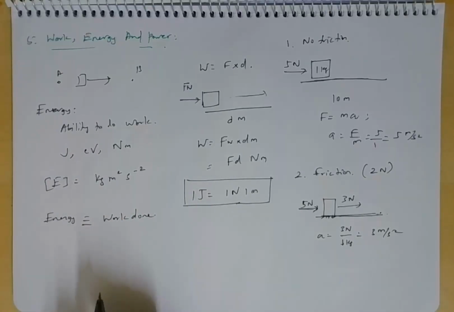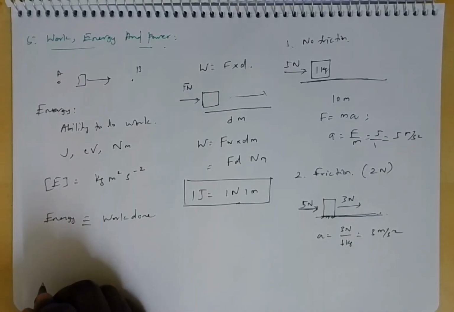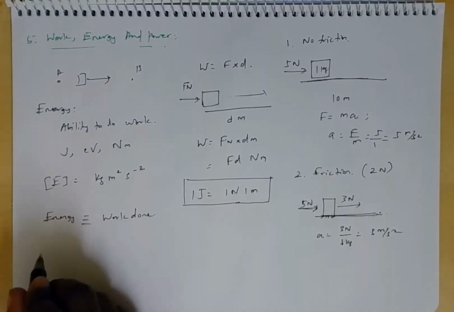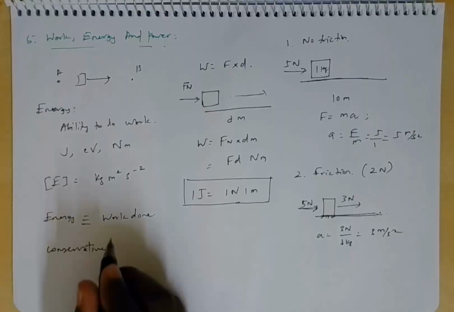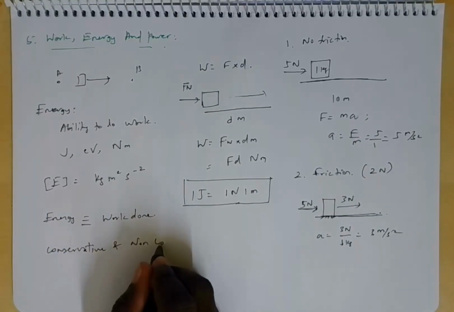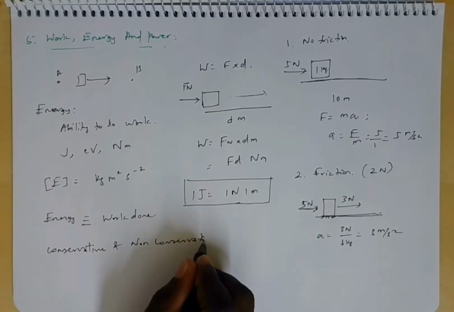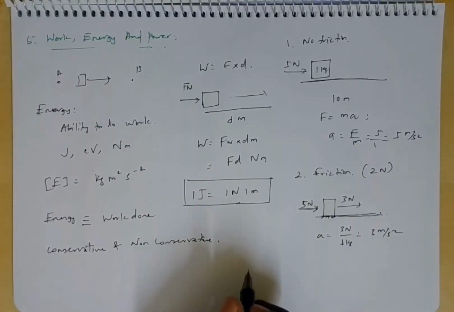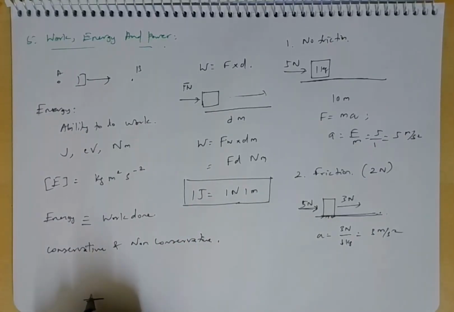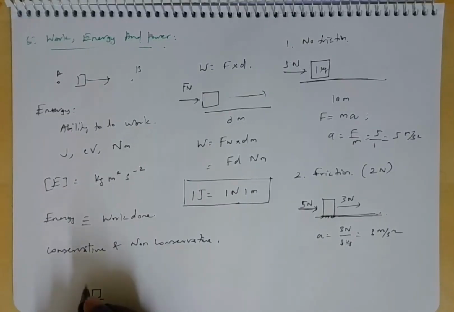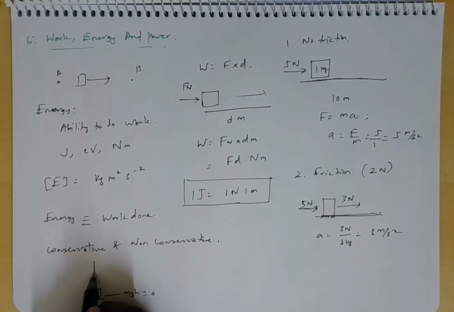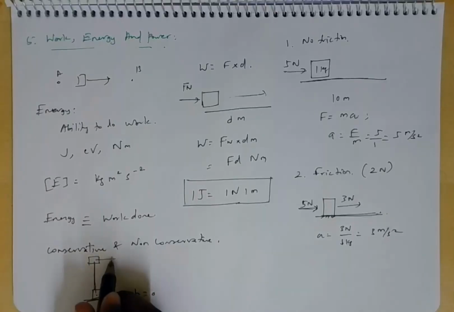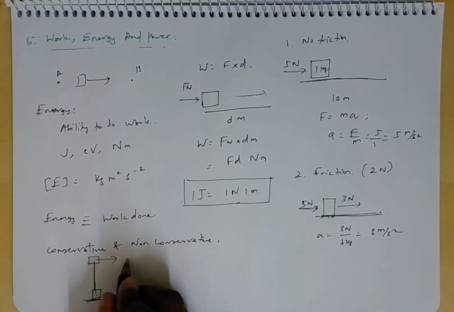The last point we want to recall here is conservative forces and non-conservative forces. A small example: let's take one object here. Now mgh is 0, it's close to the ground. If you move some distance, you will have some different mgh, let's say 100 joule.